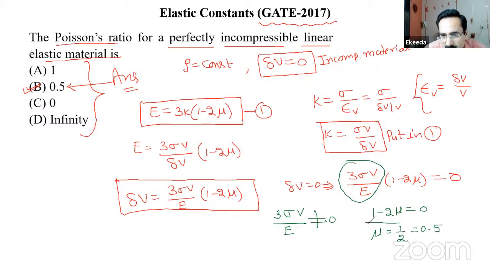So this is how we obtain the value of Poisson's ratio for a perfectly incompressible material, which is 0.5. I hope you understand from where we have got the value of Poisson's ratio as 0.5.